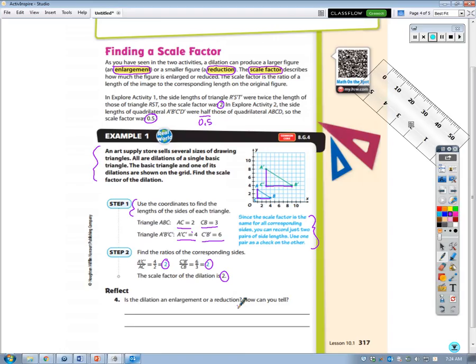So in our reflection here, is this dilation an enlargement or a reduction? This is an enlargement. We can just look at it and tell, but if we were just given a scale factor, it's larger than 1, right? So if you have a scale factor that's larger than 1, it's an enlargement.